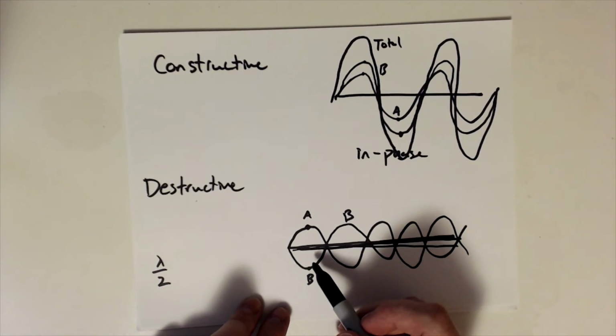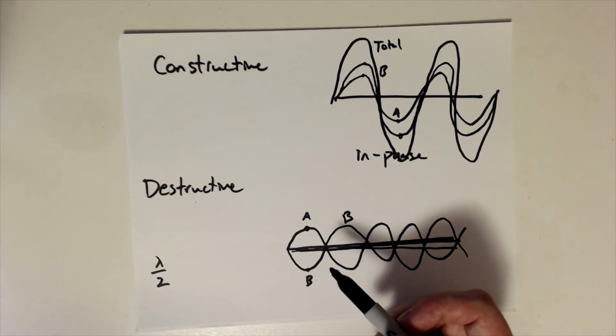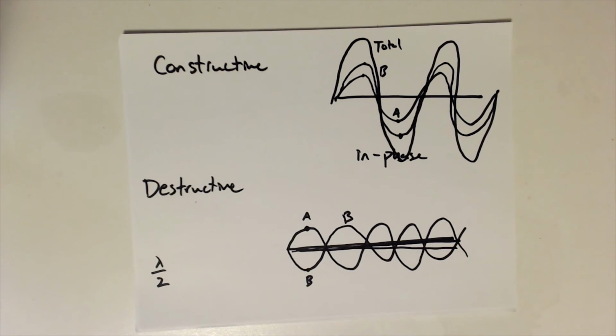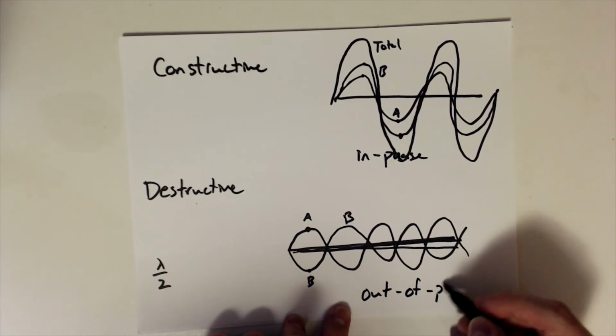They're subtracting. If one wave was bigger, then the amplitude would be minimized, not completely eliminated. So this is destructive, when they are out of phase.